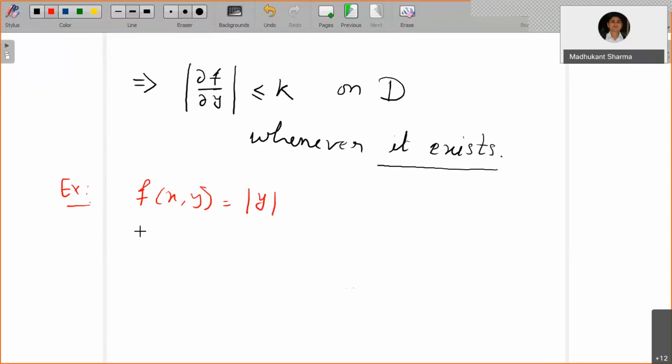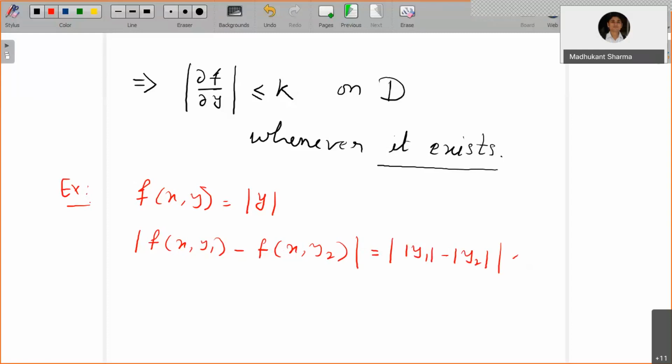But if you look at the mod of f of x comma y1 minus f of x comma y2, that is going to be mod of mod y1 minus mod y2, which is certainly less than or equal to mod of y1 minus y2.